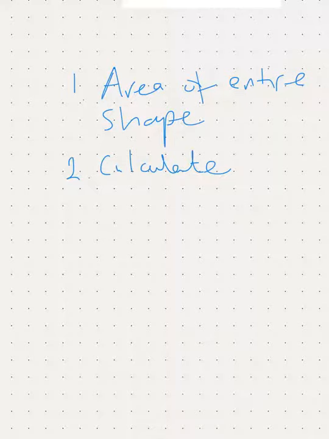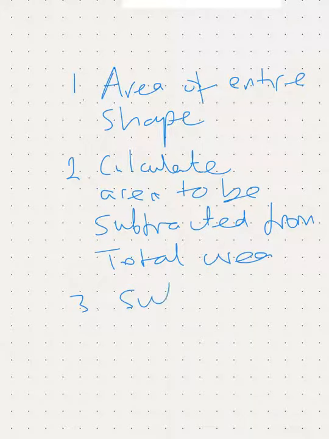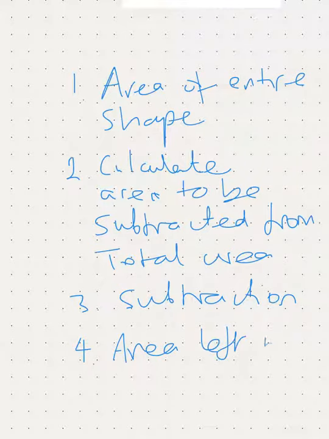If they're equal in size, then it doesn't matter. And number three, do the subtraction, and what you'll be left with is the shaded region. In this case, the area left will be the shaded region.